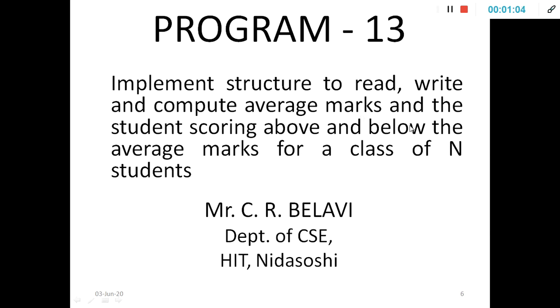But in real examples, sometimes you want to process multiple values at a time. For example, a student information. Suppose you want to process student information, like a student having a roll number, a name, a division, or marks scored in an exam. All this information does not belong to one of the basic data types.